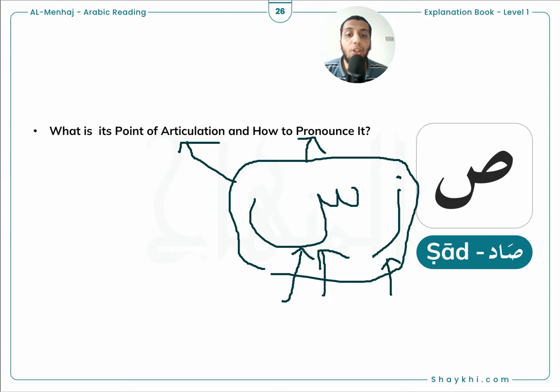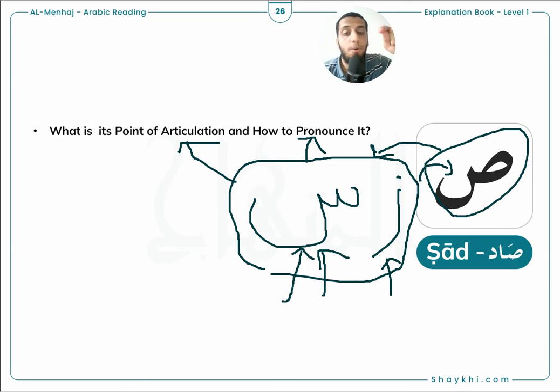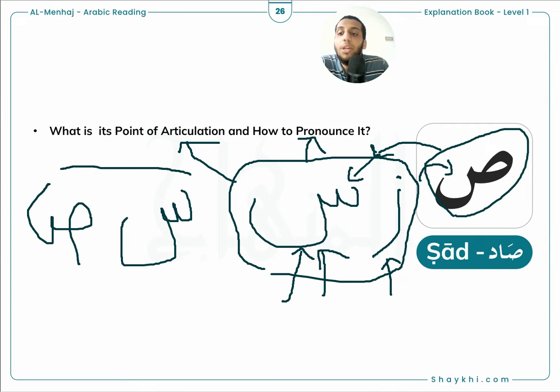Also Sad has the same point of articulation as Zay and Sin. But also for Sad there is no vibration of the vocal cords, so it looks like Sin. So if there is no vibration of the vocal cords, what is the difference then between Sin and Sad?